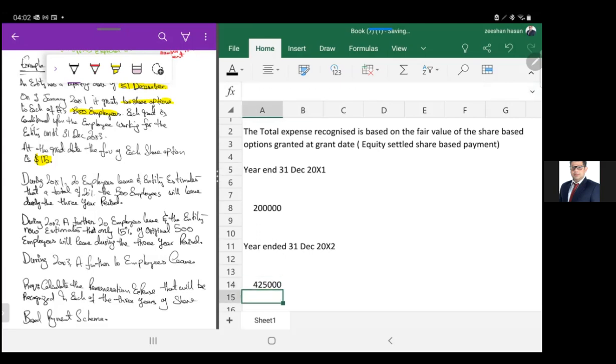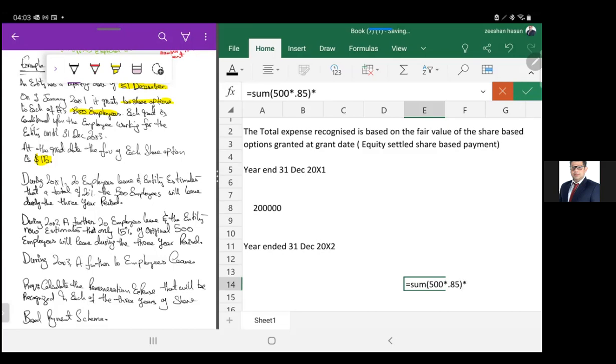Let me do it over here again. Is equal to sum. How many employees were there? 500. And how many were retained? 85% of employees. What were the share options? 100. What was the fair value? 15. 2 years expense out of 3. 425,000.